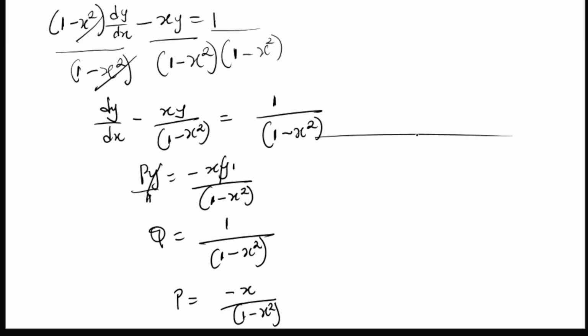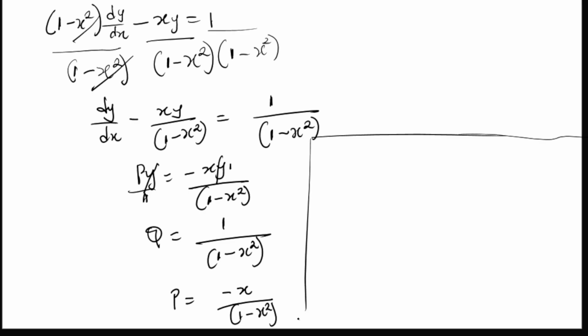Now the next thing is to apply your IF statement. Remember, our IF is equal to exponential integral of P dx. That's the concept. Now apply your IF statement, imputing P with the value of P here.